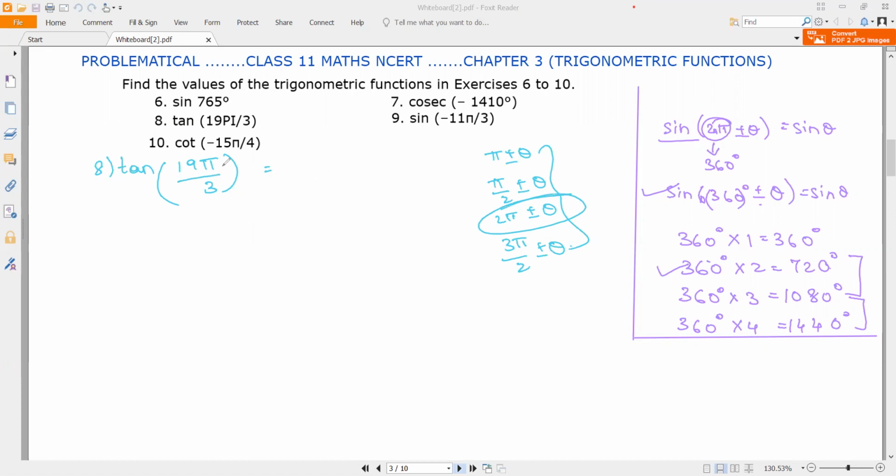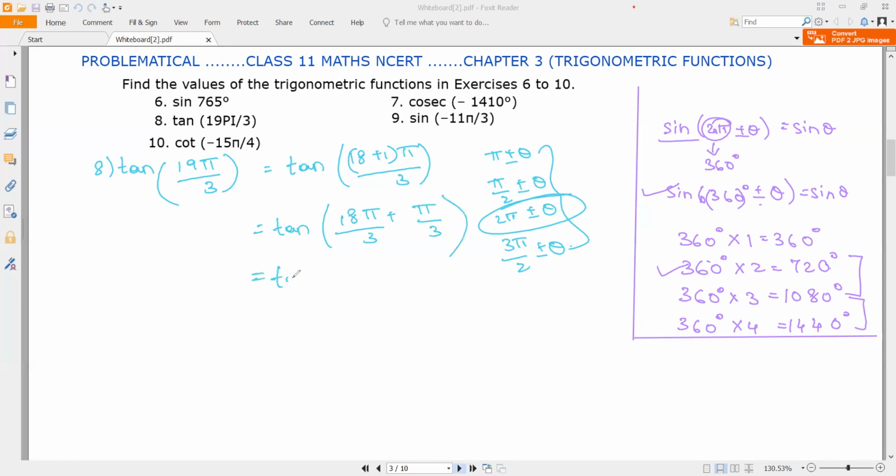Anyways, 19 pi by 3. The number before pi is greater than 3, so it can be represented as the addition of a multiple of the denominator as well as some other value. So 19 can be written as 18 plus 1, and 18 can be written as 6 into 3. So you have tan of 18 plus 1 into pi upon 3. This is equal to tan of 18 pi by 3 plus pi by 3. So you multiplied pi by 3 with both terms inside the bracket.